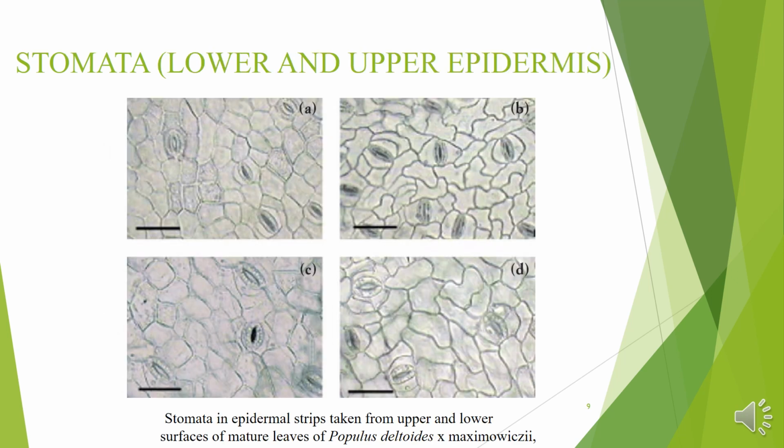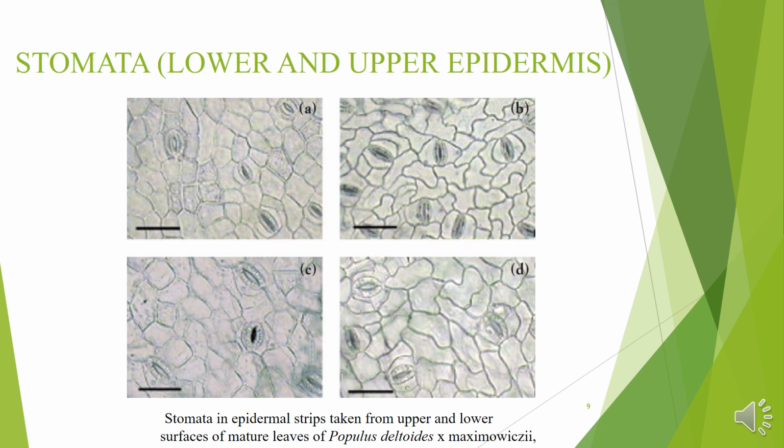And so this is a pictorial representation of what you will find in, for example, this plant that I've used here, Populus deltoides, where you have the upper and the lower epidermis. And you can see the guard cells, you can see the subsidiary cells, and you can see the other epidermal cells.